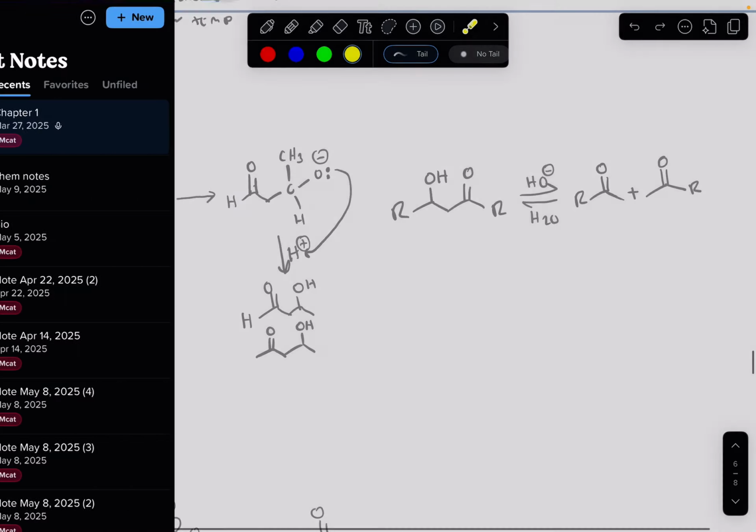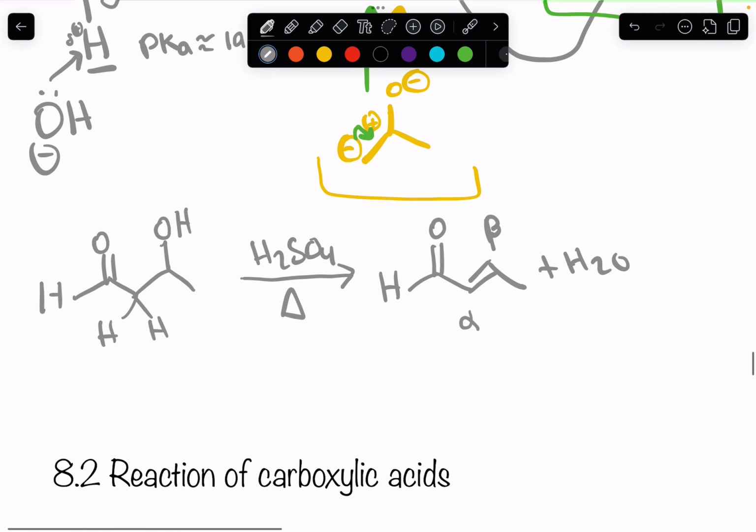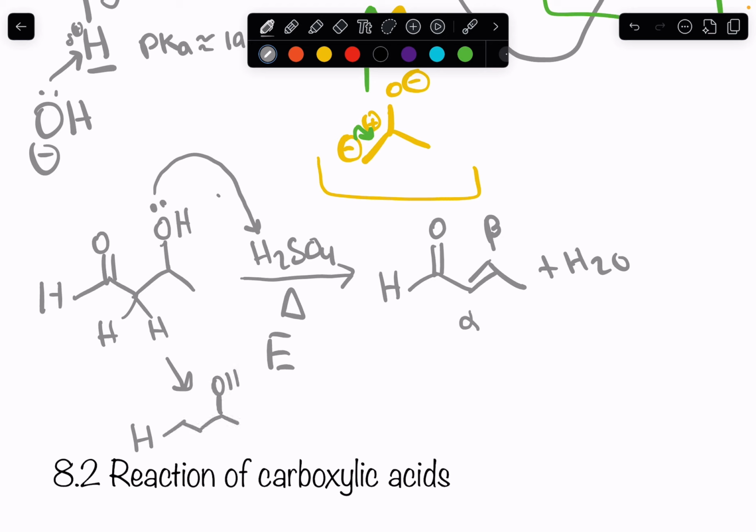So that's that. And then one last thing. Also, I don't know if this is E1. I don't know why I wrote that. You can do this reaction here. Oh, no, it definitely is E1. It is an E1 reaction. For those who don't remember, we're going to go through it really quickly. You have a leaving group.